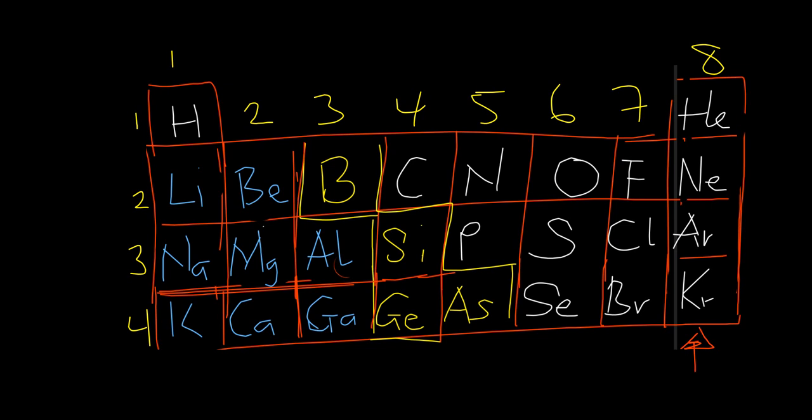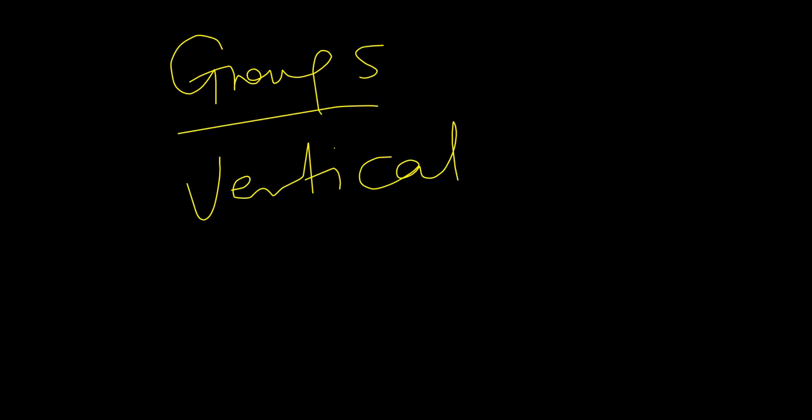Group 1 elements are also referred to as the alkali metals. So I'll write that. Group 1 elements are also called alkali metals.